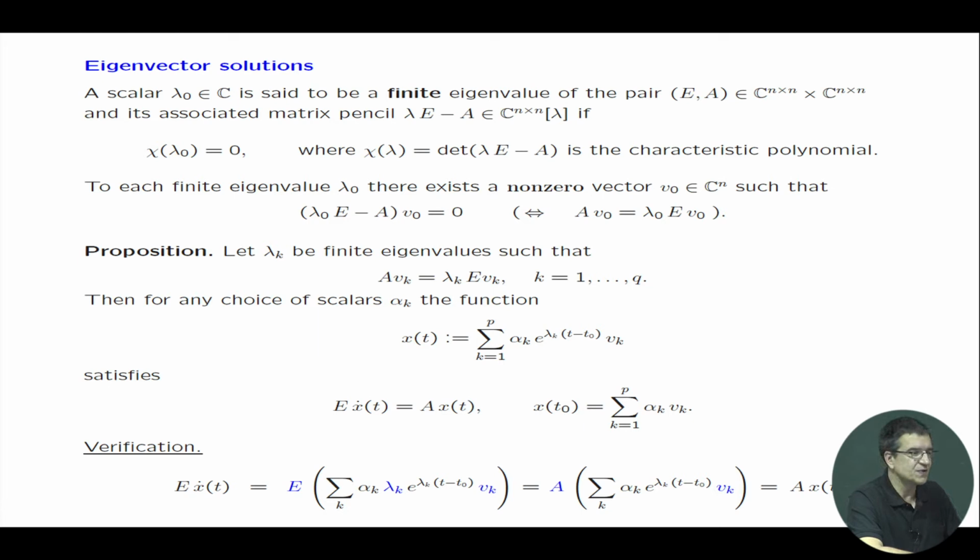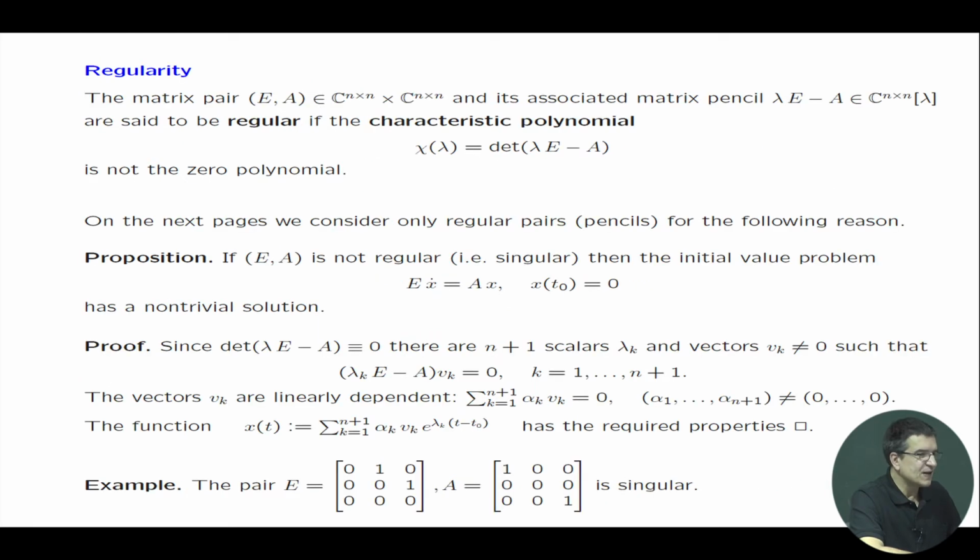It's not the zero polynomial. And why did I say that we only consider this? Because if the characteristic polynomial is constantly zero, then we have multiple solutions to the same initial condition. Yes? Okay.